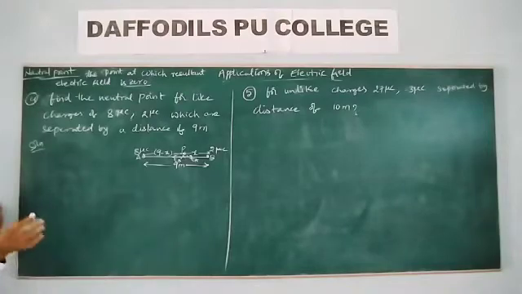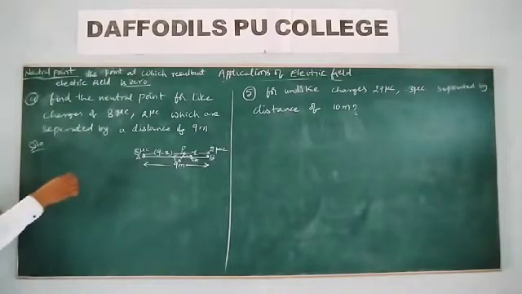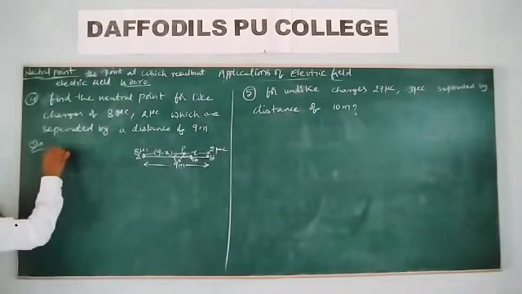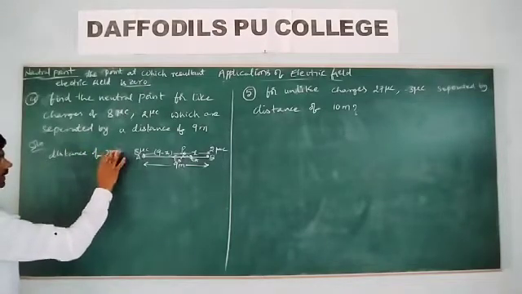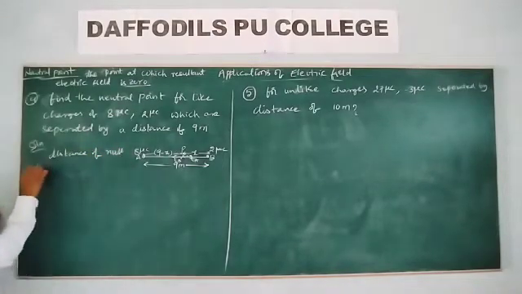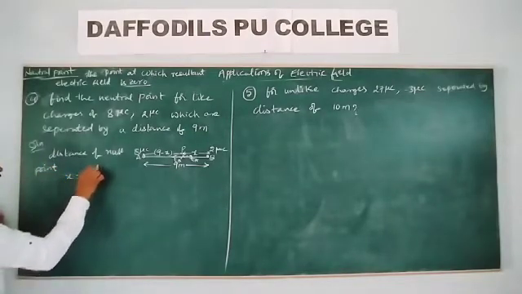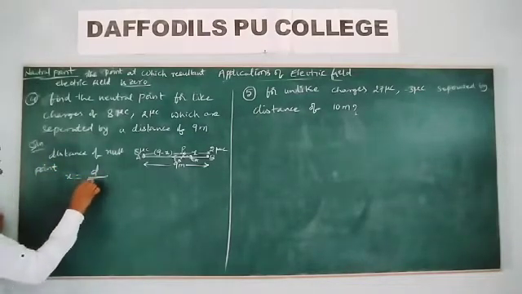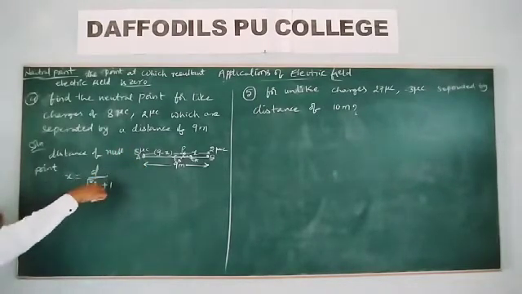Therefore, you can write the direct formula or you can substitute and calculate. So let me substitute the direct formula as we have solved now. Distance of the neutral point or null point, x is equal to d by root over q2 by q1 plus 1, for like charges in between, plus 1.